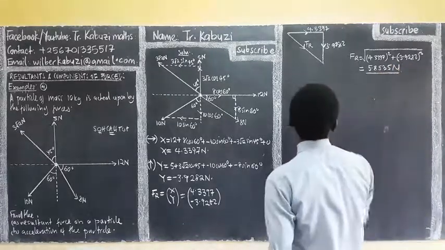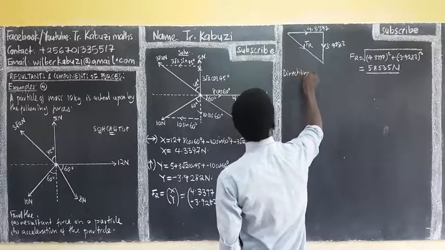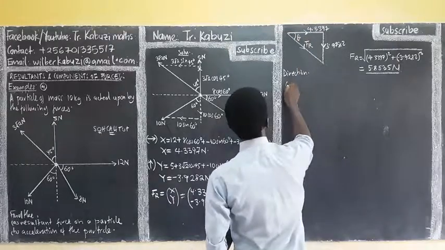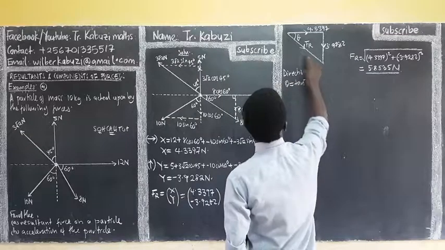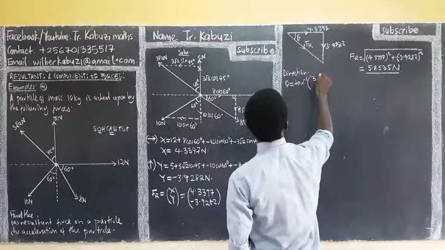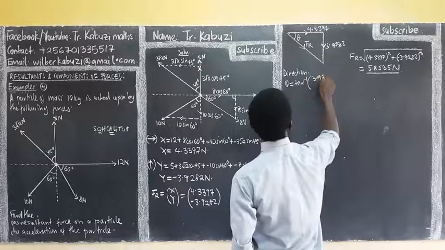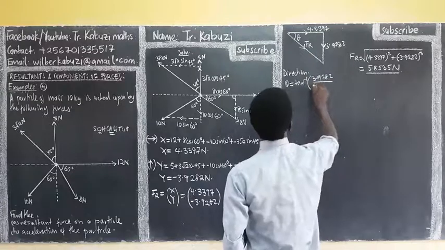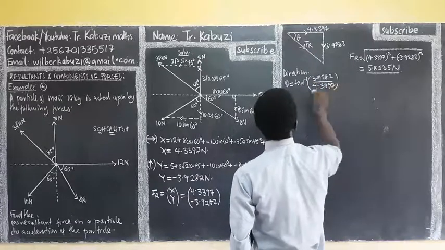Then our direction, let's call it theta. Theta is going to be tan inverse of the opposite, which is 3.9282, you see this angle, the opposite, over the adjacent, which is 4.3397.